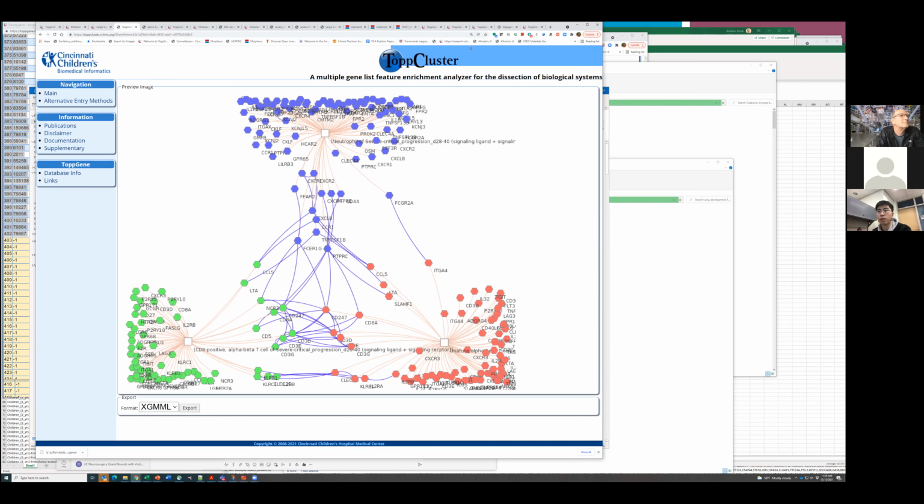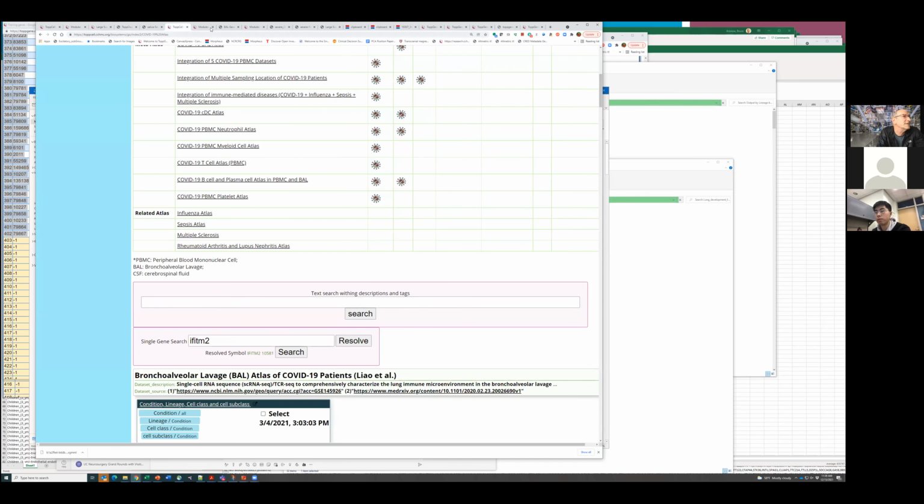Okay, so that's one view and one set of functions, and it keeps going in really interesting ways.